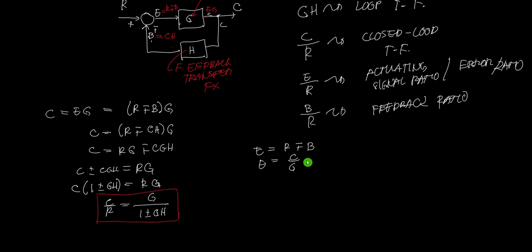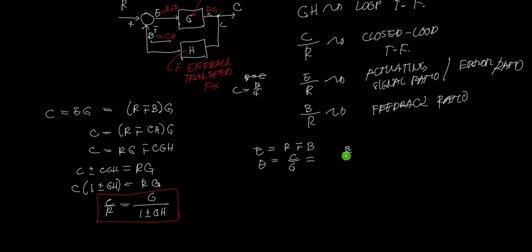But what is C? In terms of B and H, again, B is equal to C times H. Solving for C, C will be equal to B over H. So I just substitute here.